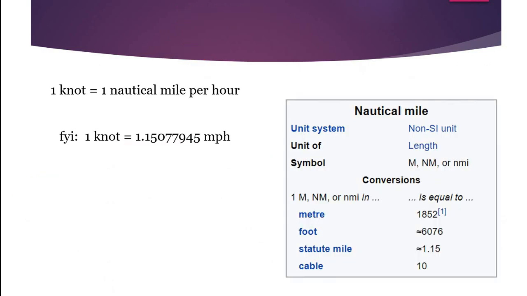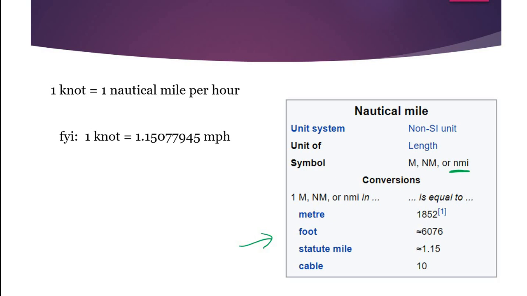Next, just a little notation because we're going to be using this as well. A lot of these, since they're navigation, are discussed in knots. You can think of that just as miles per hour. It's nautical miles per hour. And from the handy dandy Wikipedia, we have the conversions in this little box right here. And I'm going to use the notation for nautical miles as NMI.